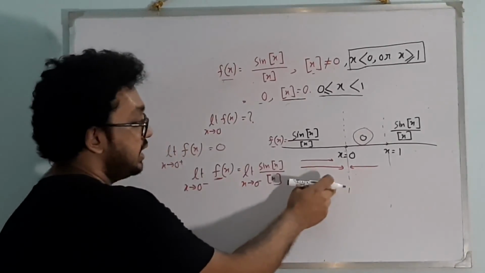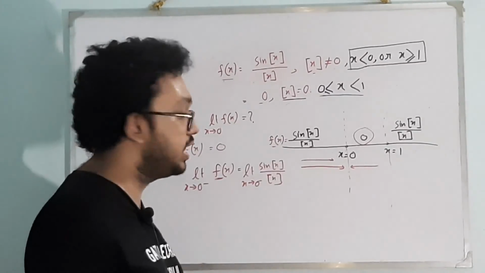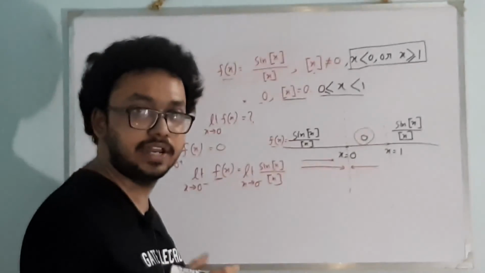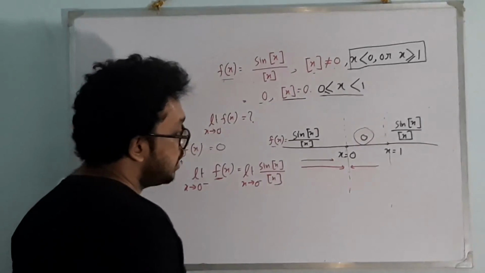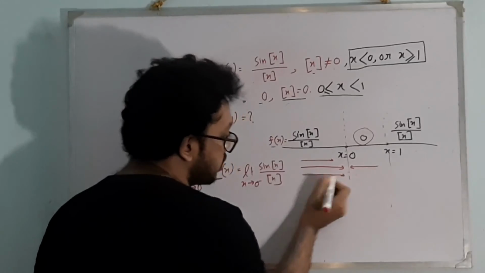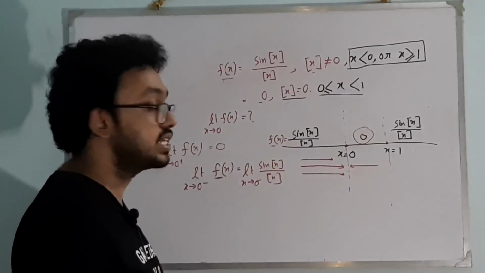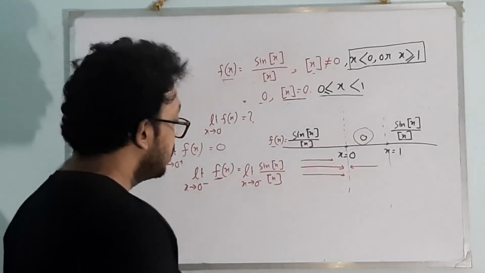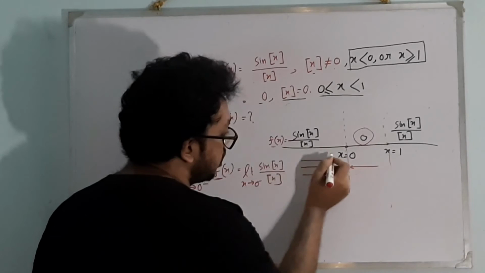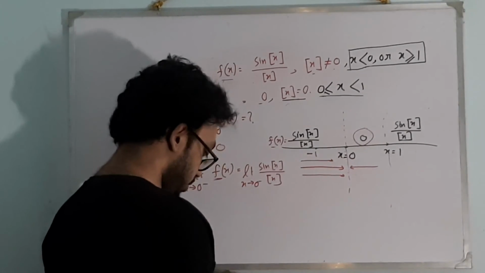That's not what the left hand limit means. Left hand limit means that when we are moving closer and closer towards x equal to 0, I have to check towards which value the function f(x) tends to, right? Now observe that on the left hand side of x equal to 0, suppose this is x equal to minus 1, okay? Let me use the black color.